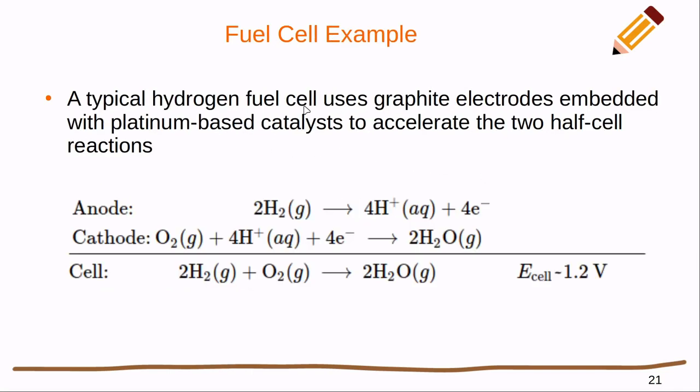So a typical hydrogen fuel cell uses graphite electrodes embedded within a platinum-based catalyst to accelerate two half-cell reactions, where we have the reaction of hydrogen giving up electrons and then oxygen taking on those electrons to produce water. The overall reaction is hydrogen plus oxygen goes to water. It looks exactly like a combustion reaction here, all right?